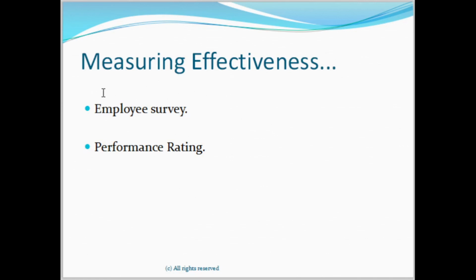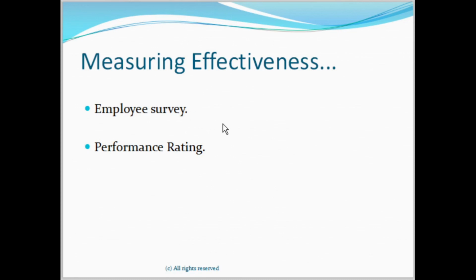There are two broad ways to measure the effectiveness. The first one is the employee survey. In this, we take feedback from the new employees and the existing employees, and assess it to measure their satisfaction level, their involvement level, their innovativeness, their interest and related aspects.